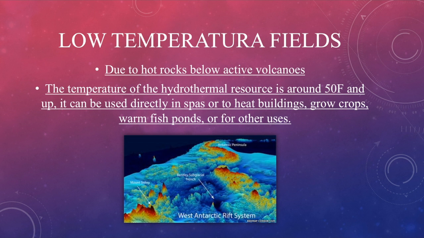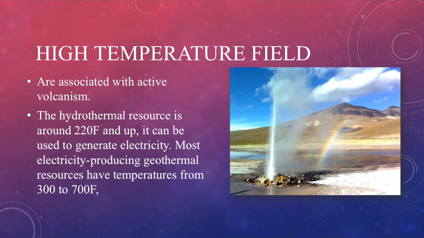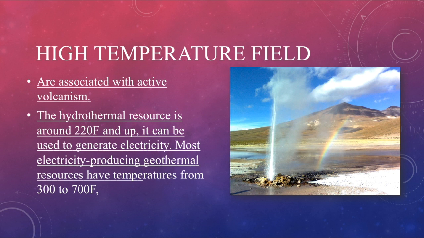High temperature field. High temperature fields are associated with active volcanism. The hydrothermal resource is around 220 Fahrenheit and up. It can be used to generate electricity. Most electricity produced in geothermal resources have temperatures from 300 to 700 Fahrenheit.